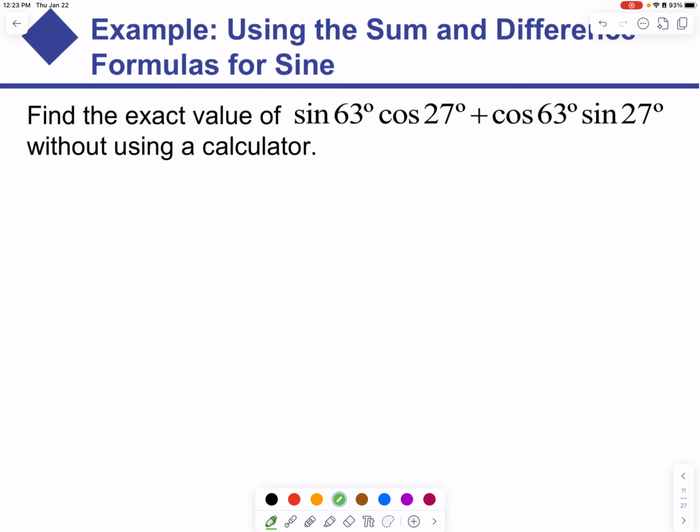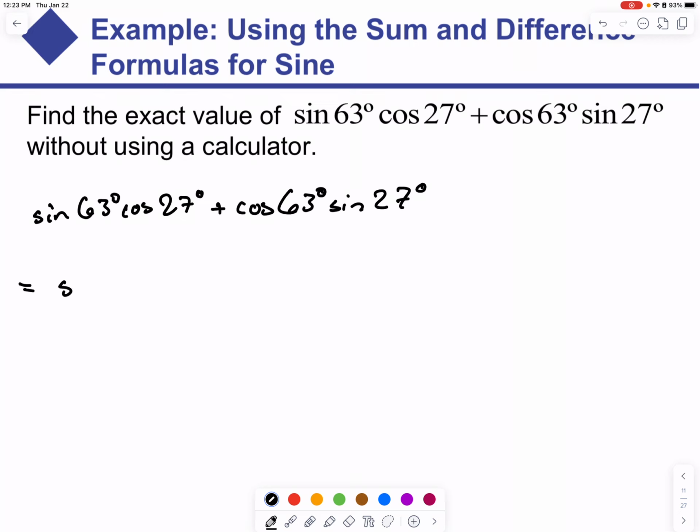Okay. So find the exact value of this guy without using a calculator. So we have what? The sine of 63 degrees times the cosine of 27 degrees plus the cosine of 63 degrees times the sine of 27 degrees. Okay. That looks like the sum formula for sine.